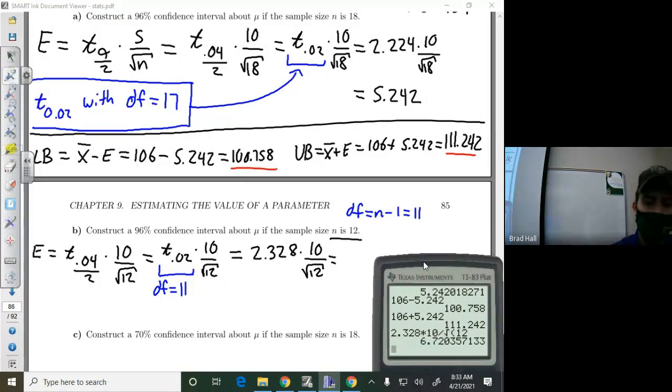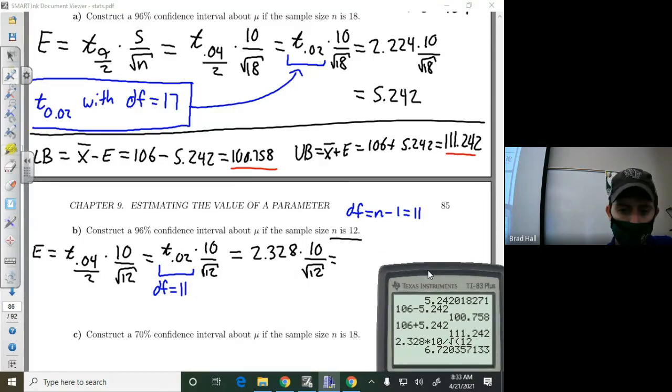Okay, and I'll round it to about 3 decimal places here: 6.720.